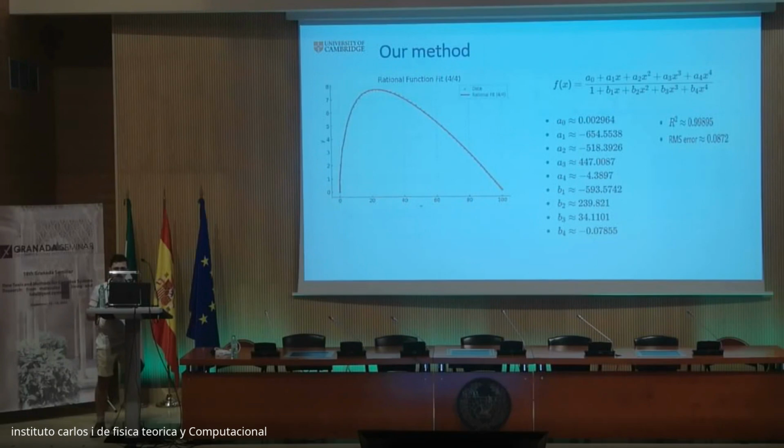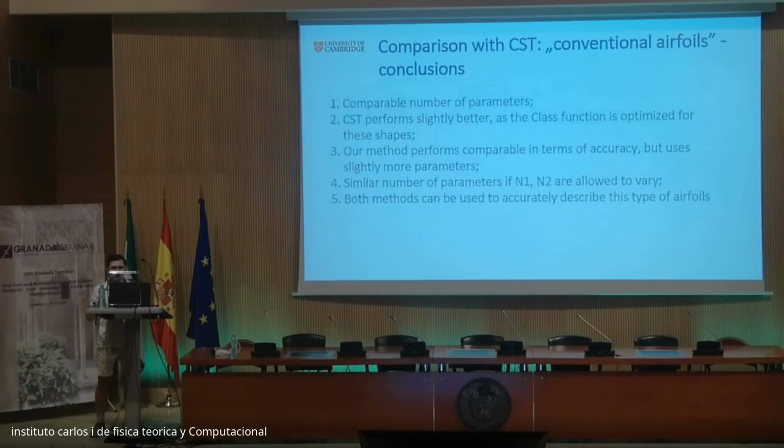So we can confidently say that yes, our method is viable, but probably the CST method is just better overall. We have a comparable number of parameters. It performs slightly better in terms of precision, but the main advantage is that it has much fewer parameters. If you try to vary n1 and n2, you would get a similar number of parameters for the same precision, but again, it's probably not worth it. So for this type of airfoils, it's probably best to just stick with CST.